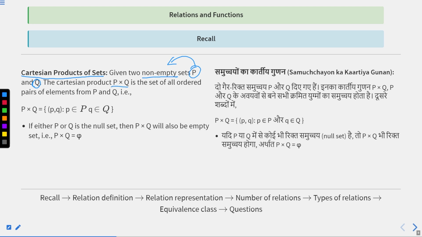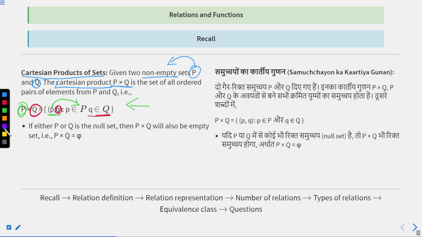Then P cross Q is the Cartesian product, the set of all ordered pairs, where the first element in the pair comes from the first set and the second element of the pair comes from the second set.